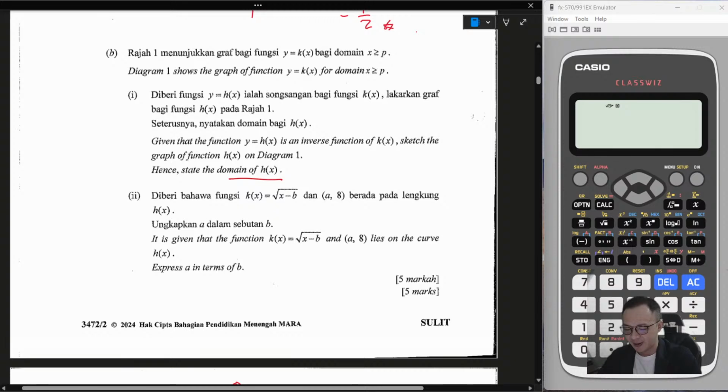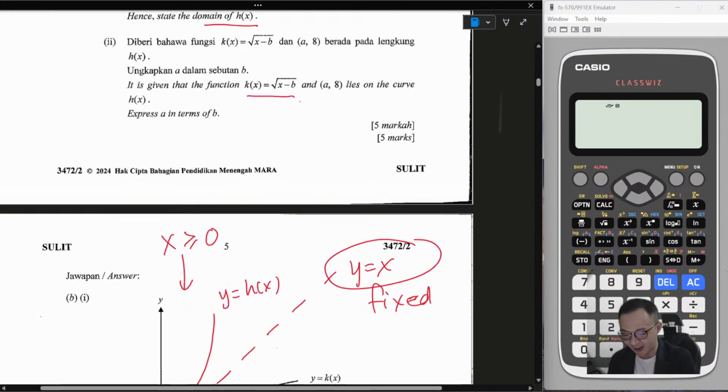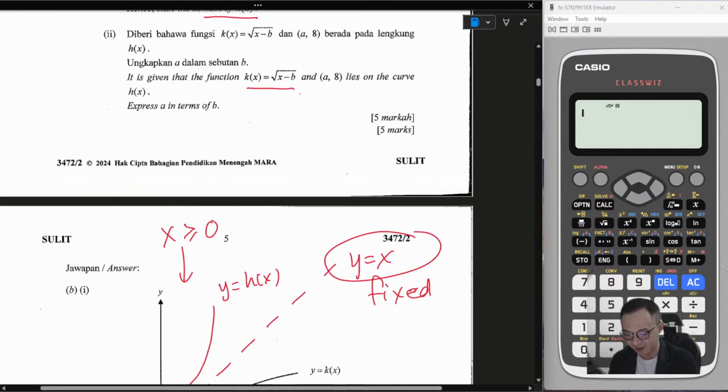Okay. And then it's given that this kx is this function. We do not know exactly what the function is, but they give us kx equals square root of x minus b, and point A lies on hx.